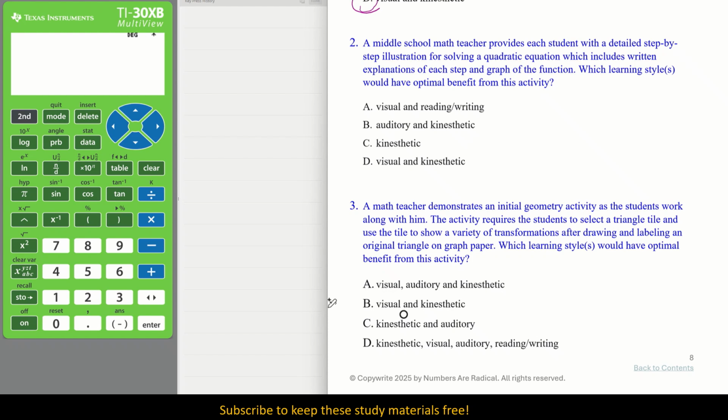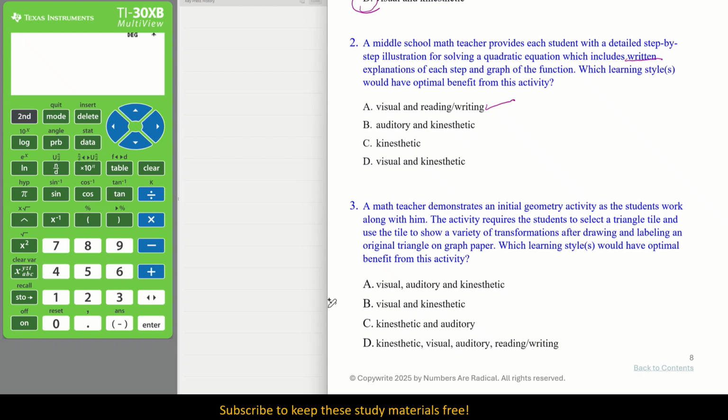Which learning style or styles would have optimal benefit from this activity? Okay. All right, the minute they said written explanations, that means the student is going to have to read them. Maybe they're not writing something themselves, but they will be reading. So you must have the reading, writing element there.